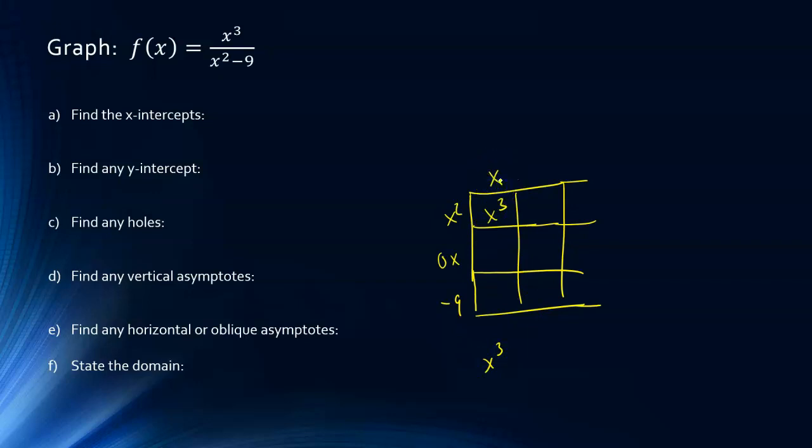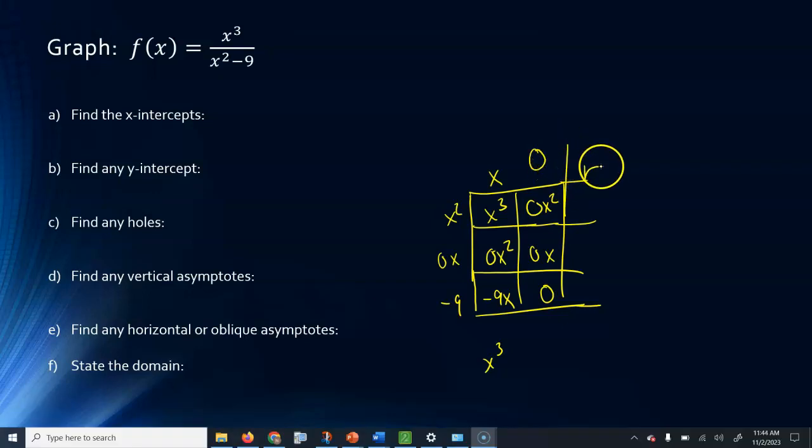It would be x. And so then we'd have 0x squared, and that would be negative 9x. There is no x squared here, so then this would be 0. 0x squared, 0x, and then negative 9 times 0 would just be 0. Anything after that 0 would be a remainder.